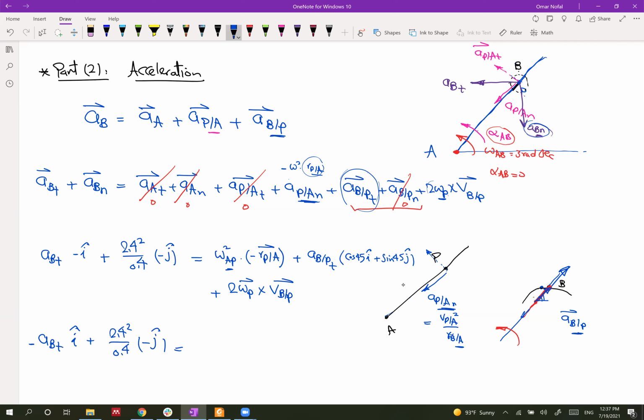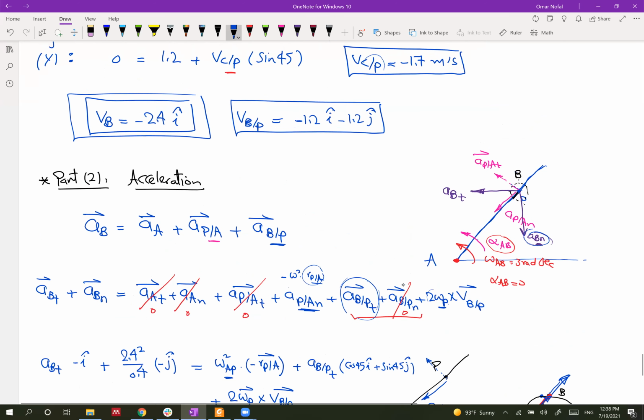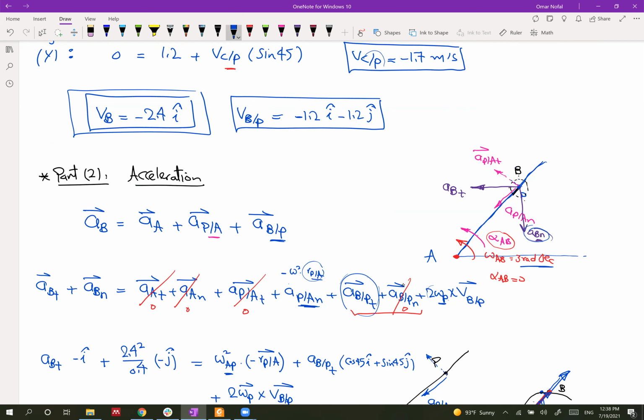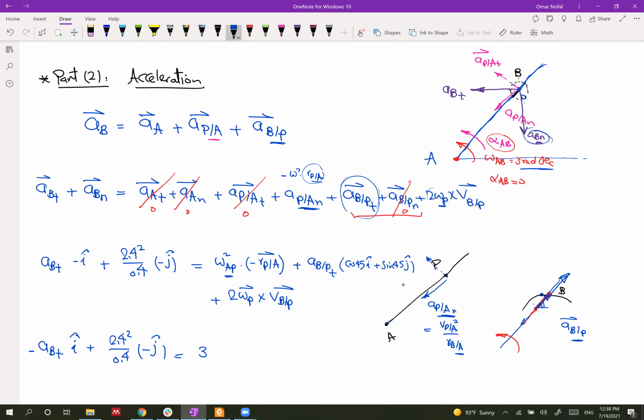This will be equal to omega AB, and the omega AB is given as 3 radians per second. It will be 3 squared multiplied by negative RB with respect to A. So it will be 0.4, negative. So let's put the negative outside. And we know that this is 0.4 in the I hat direction, like this.